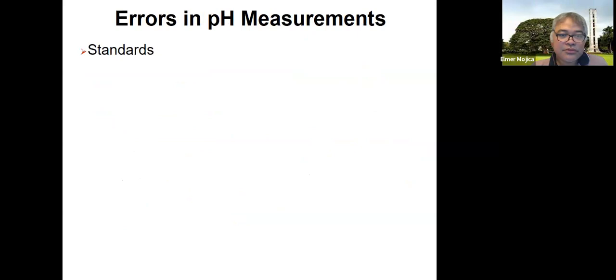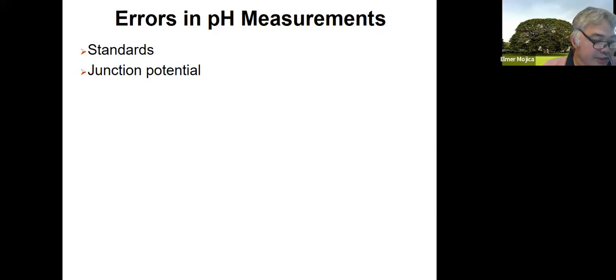Okay, so what are the possible errors in these pH measurements? What are the possible errors they have? I listed down some of them here. I think one of them has something to do with the standards. So what's the problem with the standards?